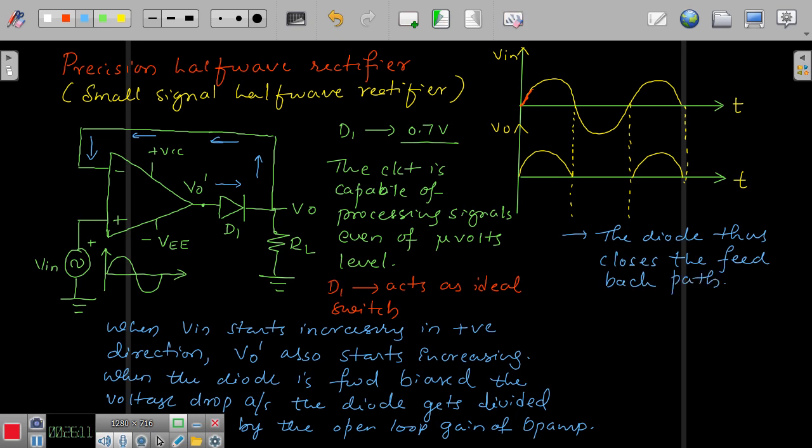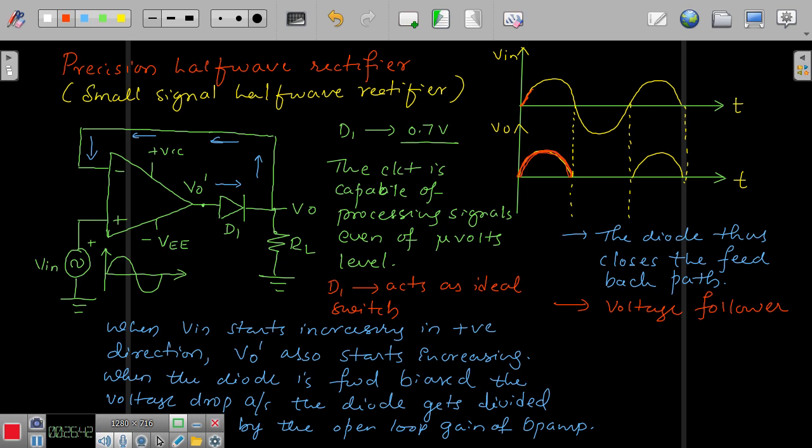The diode thus closes the feedback path, and once the feedback path is closed, it acts as a voltage follower. The diode acts as a voltage follower. So when the diode acts as a voltage follower for the entire positive half cycle, you are going to get an output voltage like this, what I have shown here.